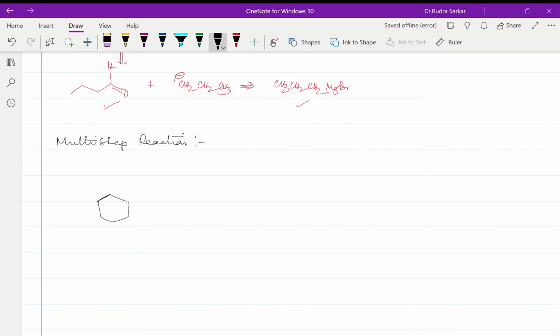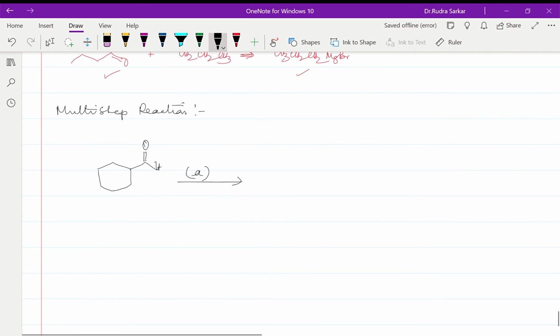Suppose you have this aldehyde, and they are saying use some reagent A, and you convert this into this type of alcohol. So this is your CH3.